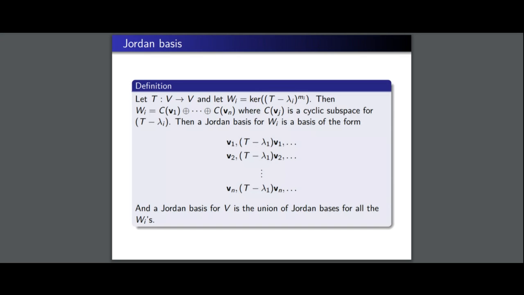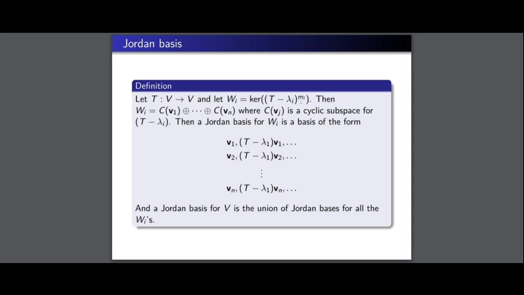Okay, so now we can make our definition. Our situation is we have a linear transformation from V to V. The characteristic polynomial of T is going to be like (Z minus lambda 1) to the M1, (Z minus lambda 2) to the M2, and so on. We put Wi to be the kernel of (T minus lambda i) to the Mi.